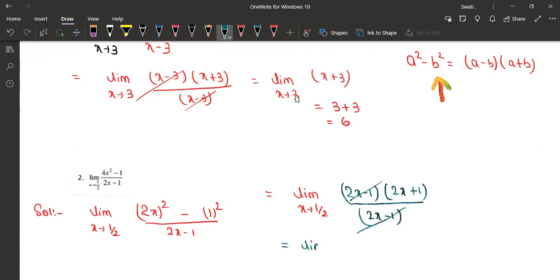So we are getting limit x tends to half and then 2x plus 1. Now, whatever is the value of x, that is half, we can put it here. So 2 into 1 by 2 plus 1. Now, of course, 2 into half, that is 1 only. That is 1 plus 1. The answer is 2. So this was the second solution. Now let's move to the third question.